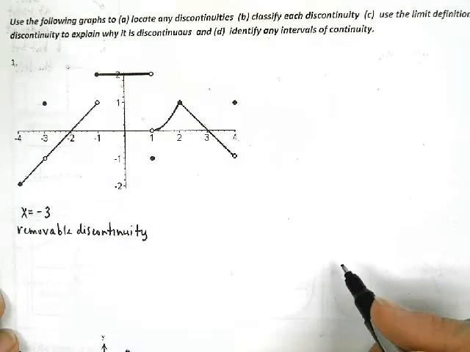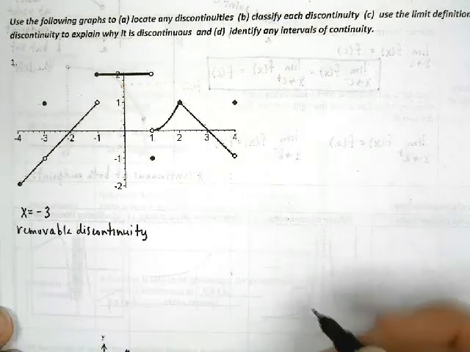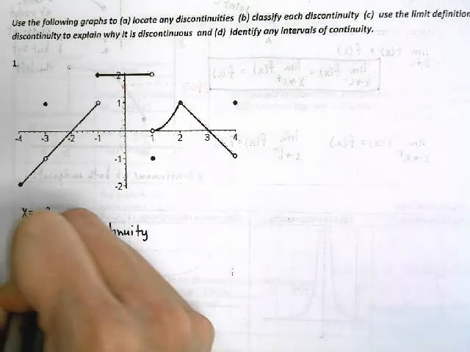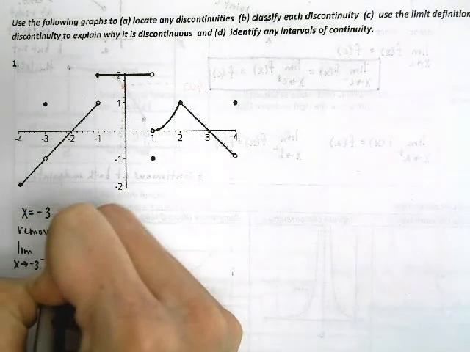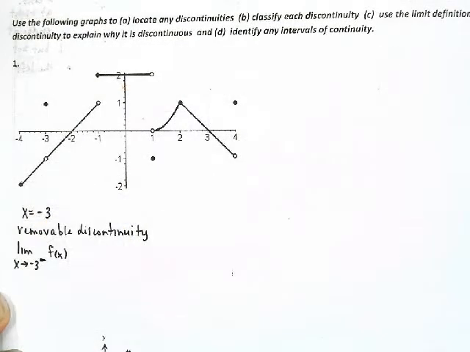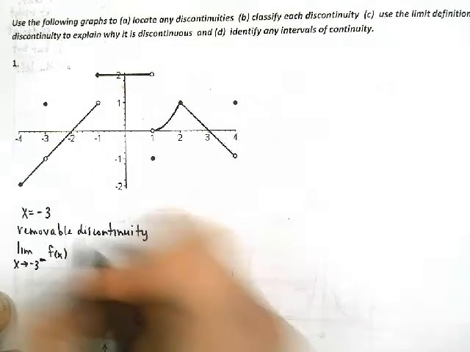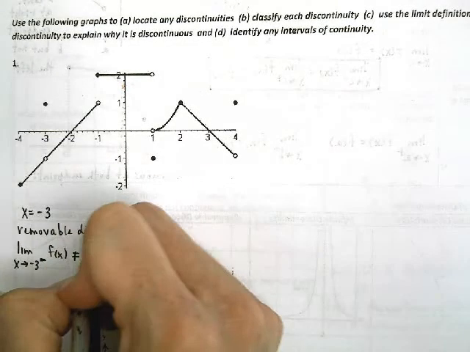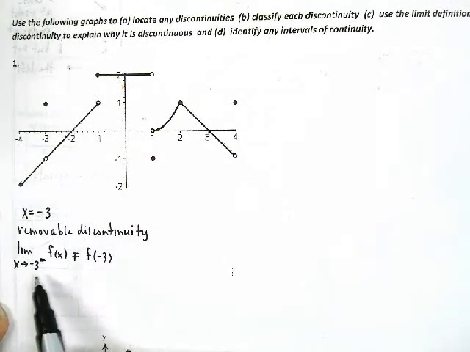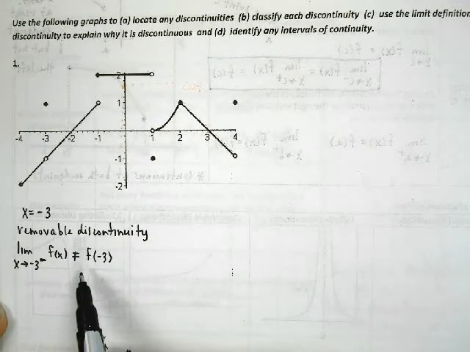Now, when it says to use the limit definition to explain why it's discontinuous, we would say that's because the limit as x approaches -3, let's talk about that two-sided limit, is not equal to f of -3. So the two-sided limit exists, but it's not equal to the function value.